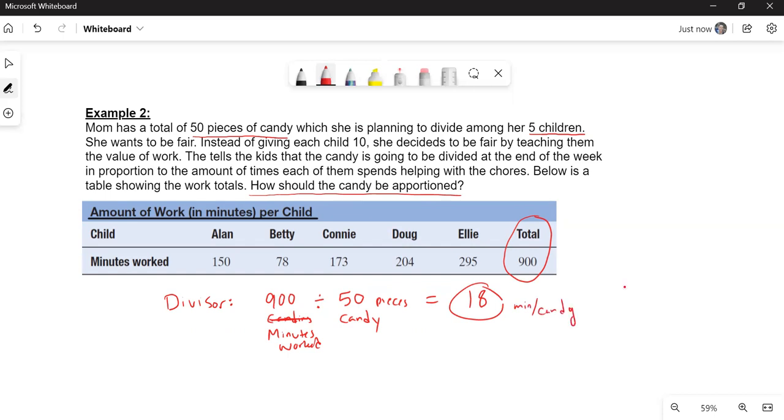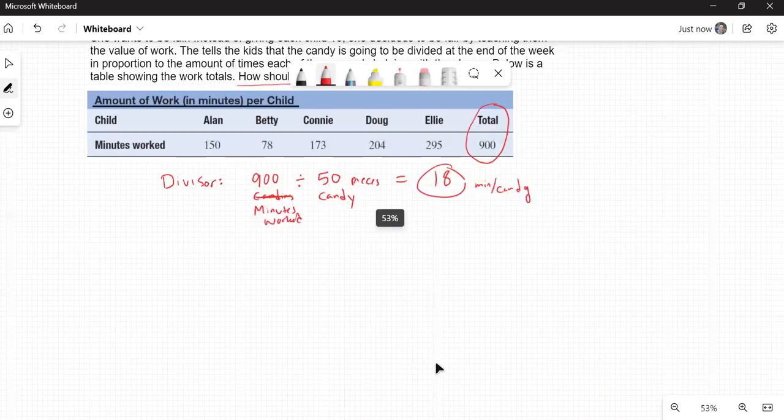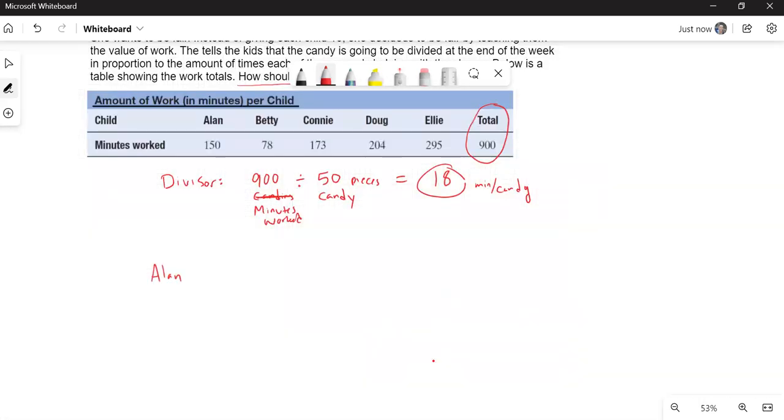Now, all these children work a different amount of minutes. So let's take a look at building a table up. So Alan, who did 150 minutes of work, his quota will be found by taking the 150 minutes and dividing it by the divisor, 18, and I get 8.333333 forever.